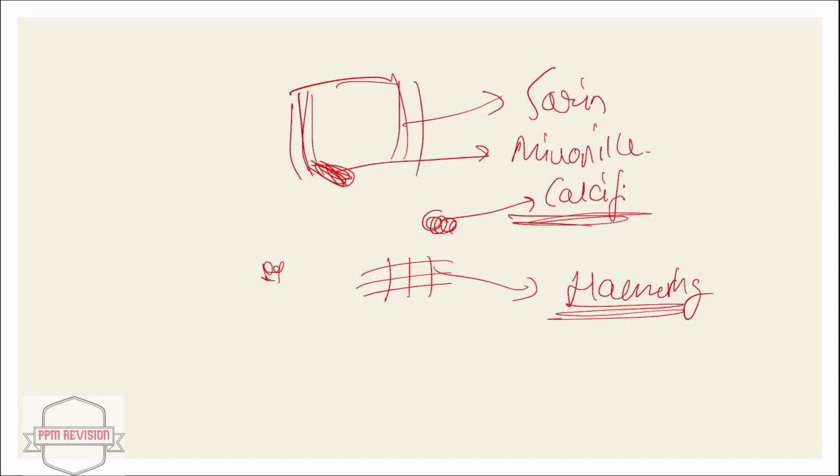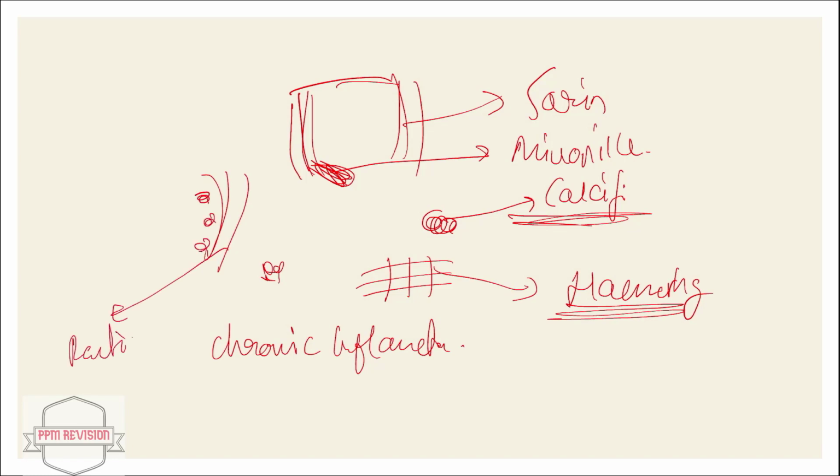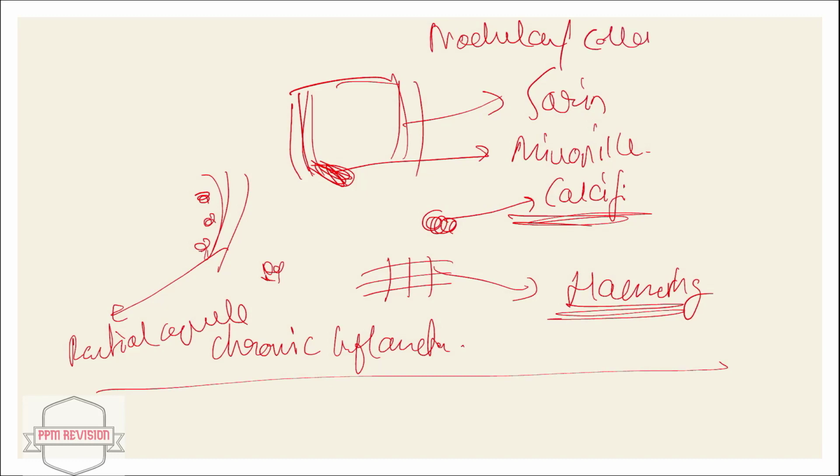So there are three things that can be seen: calcification, hemorrhage, and chronic inflammation. And there's also the partial capsule that can be seen here. Done. So this is nodular or colloid goiter.